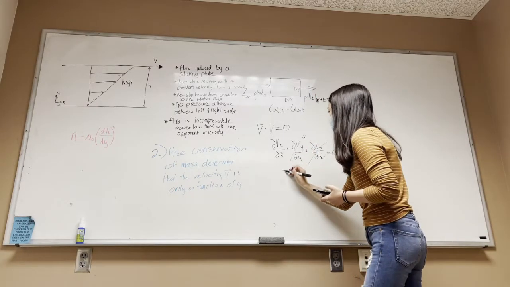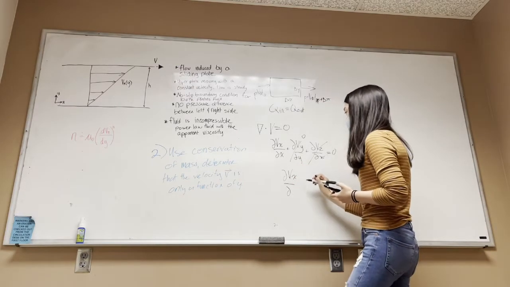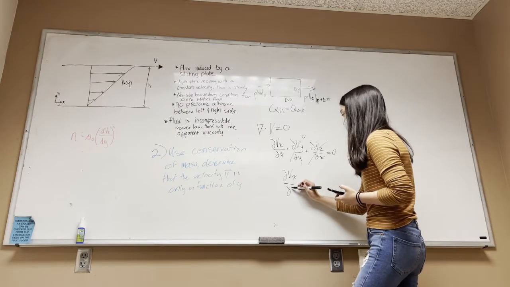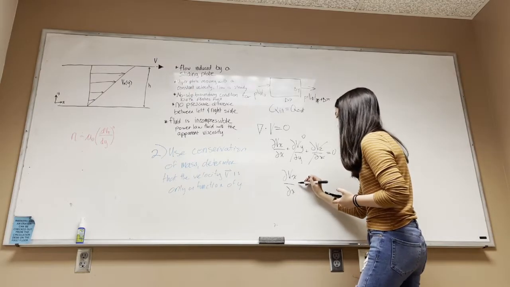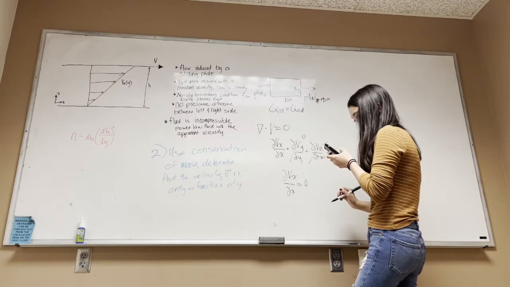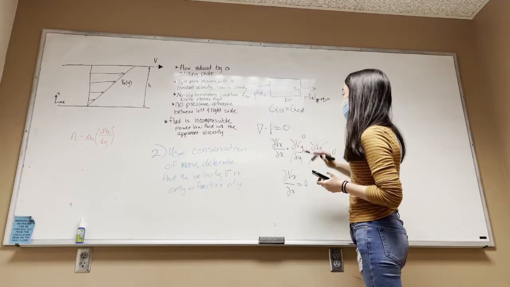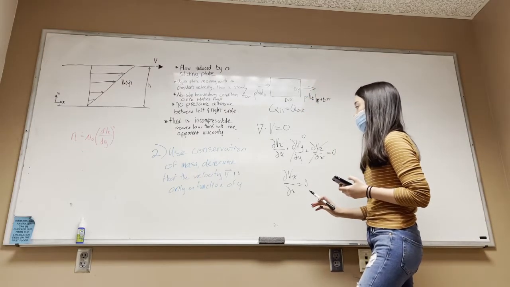So that means partial Vx over partial x equals 0, and that it is only depending on the y direction.